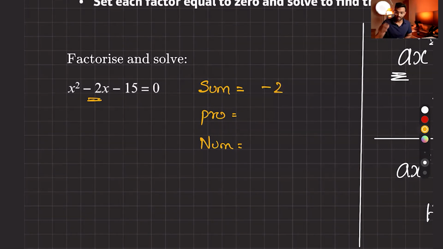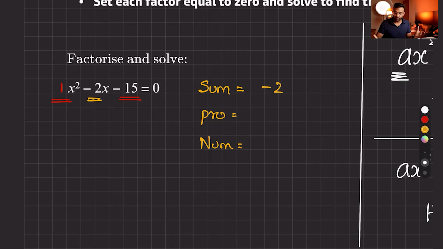And the product, listen to me now, because we're going to look at the harder version in some time. And if you lose what I'm teaching you right now, you will struggle. The product is the last digit multiplied with the number in front of x squared. What's the number in front of x squared, guys? It's 1 for now. So it's minus 15 multiplied with 1.